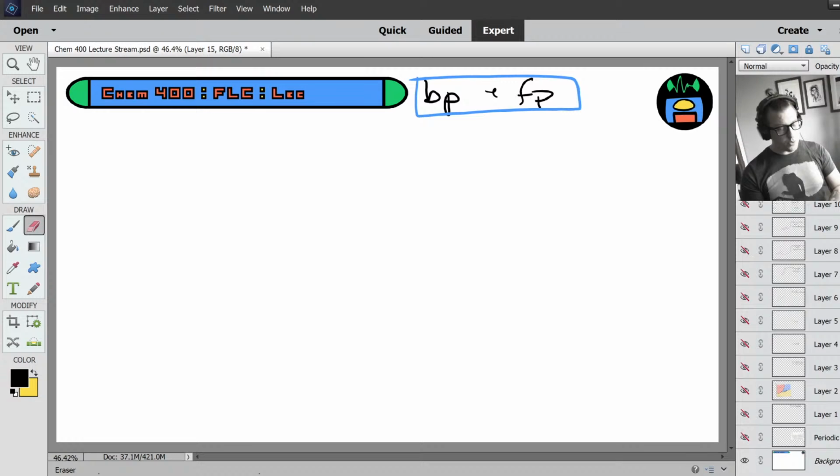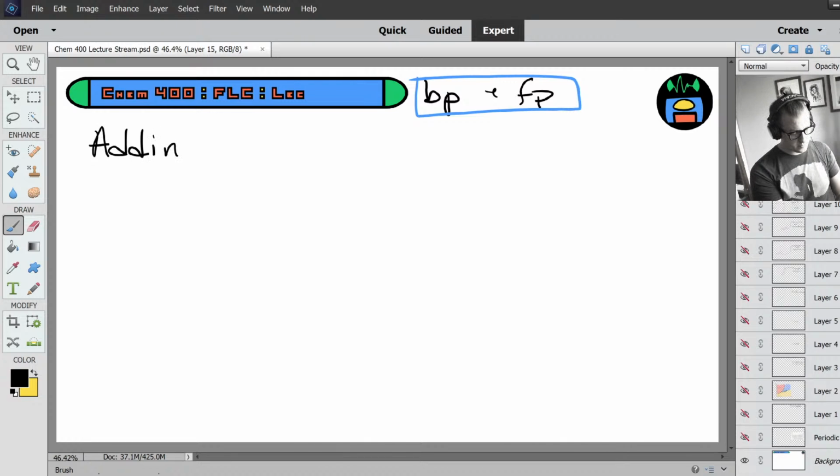And I'm going to tell you up front how those changes occur. When you add a solute to a solvent, there's two things that happen.